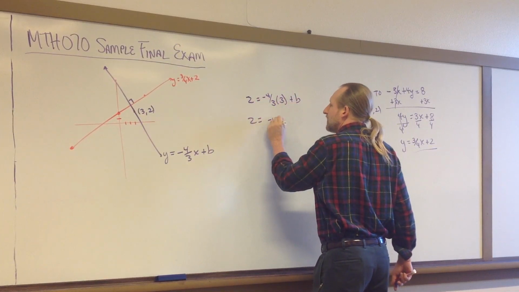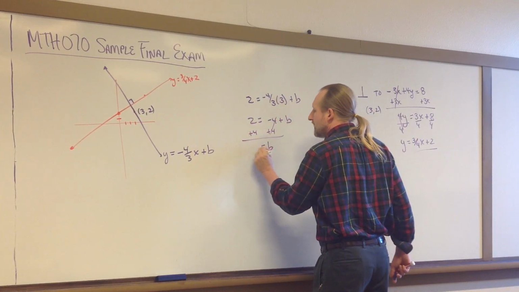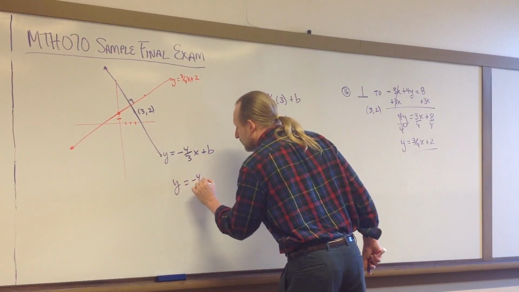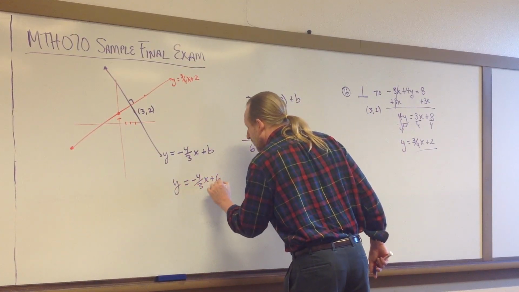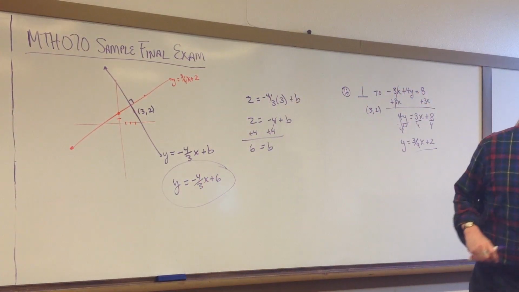So that'll be negative 4 plus b. b equals 6. Okay, so our answer, y equals negative 4/3 x plus 6. And that's problem number 16.